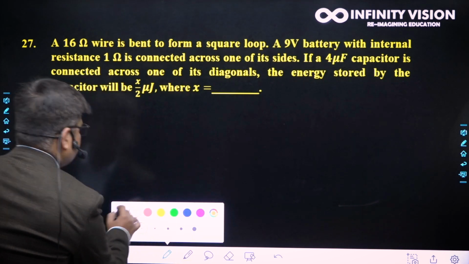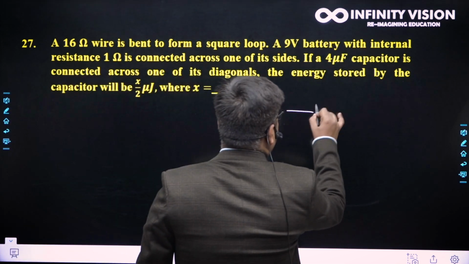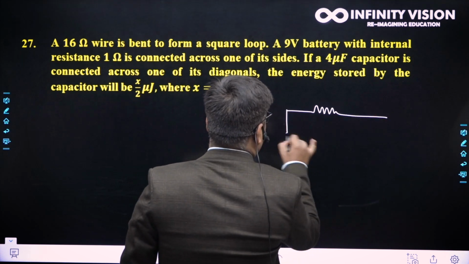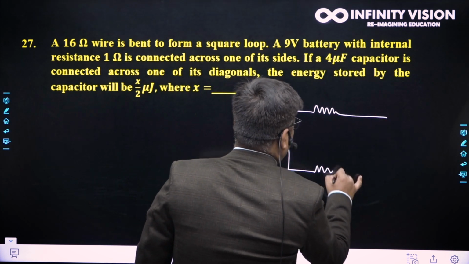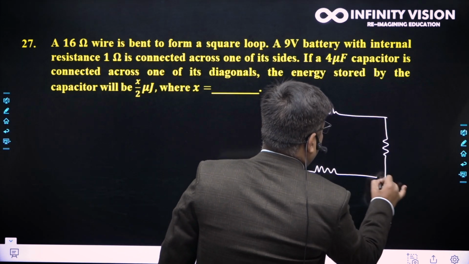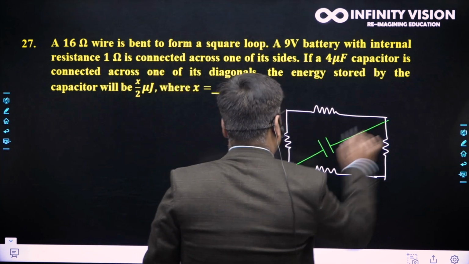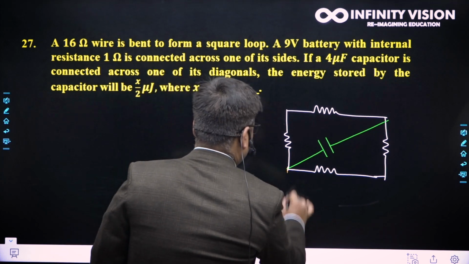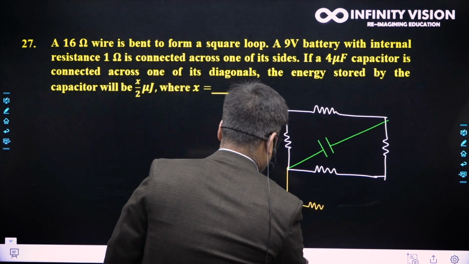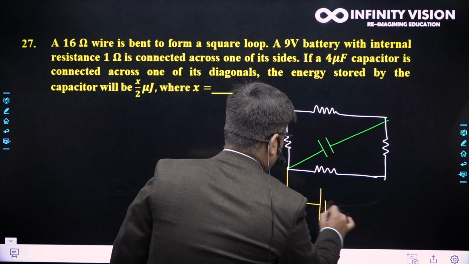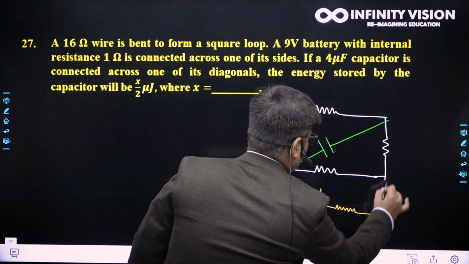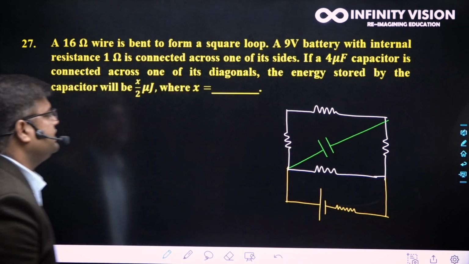A wire is being bent in the form of a square. So this is the circuit that they are talking about.